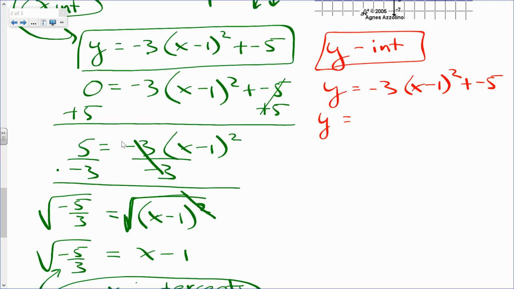So watch what I'm going to do. -3 times (0 minus 1) squared, I'm replacing x with 0, plus -5. We have a lot of decisions to make. Parentheses first. 0 minus 1 is -1.